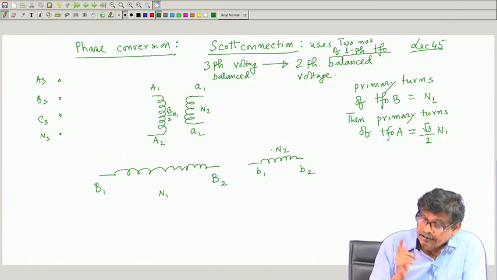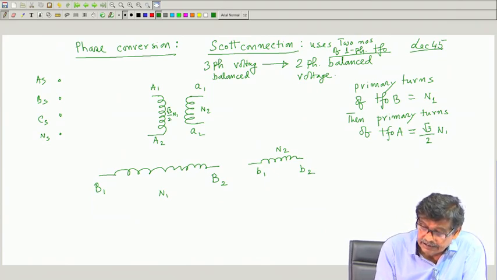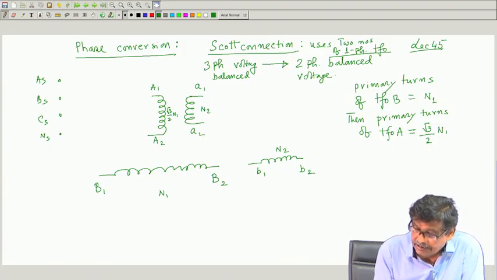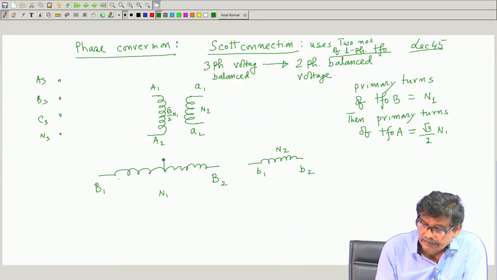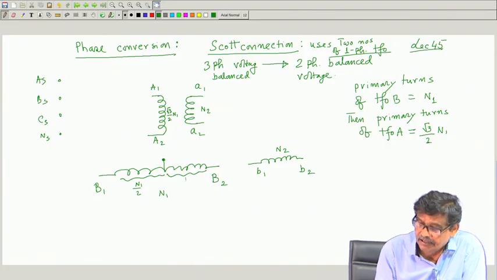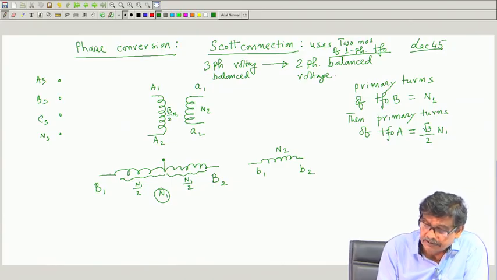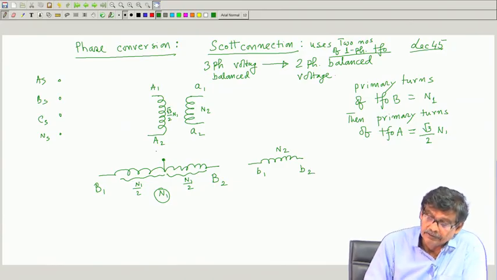Okay. And not only that, then in transformer B primary at the 50% you must have a tapping, such that this turns becomes then N1 by 2 and this turns becomes N1 by 2. So, total turns is N1. So, at 50% there will be a tapping. Okay.